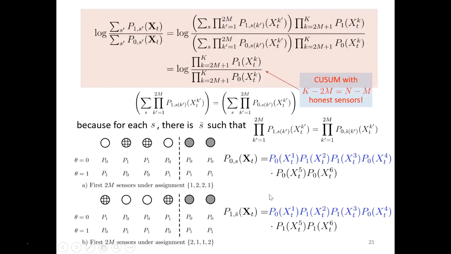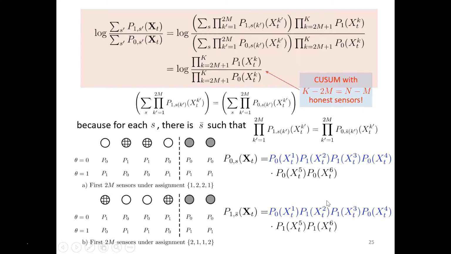And under the assignment 2 1 1 2, which is the dual assignment of 1 2 2 1, we can show that under theta equal to 1, we will have this distribution, and you can see that again this part corresponds to the first part, and they are the same.